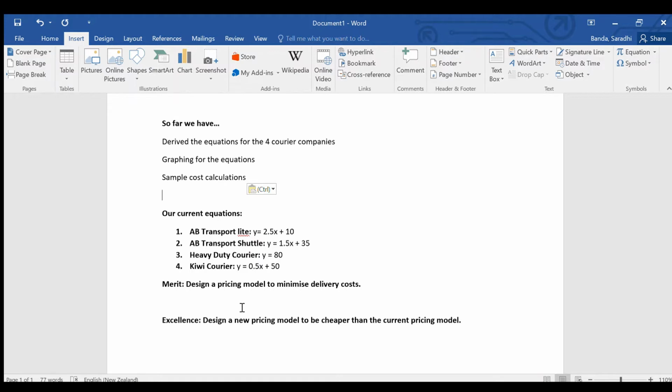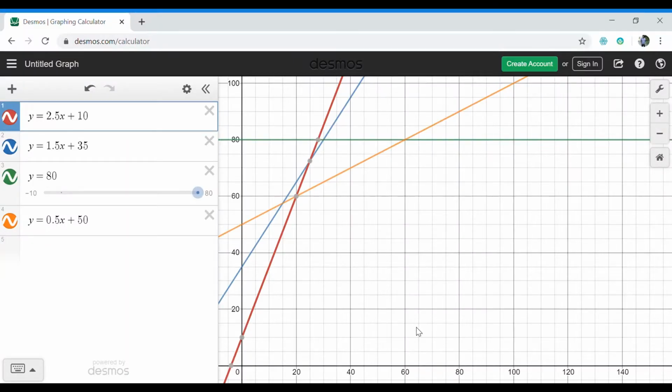To do this, the first thing you need to be doing is looking at your Desmos graph. Now, to put this in perspective of numbers, let's start with 0, and I'm again referring only to the x-axis. Between 0 and 20, I see that my red line is below all the other three lines.